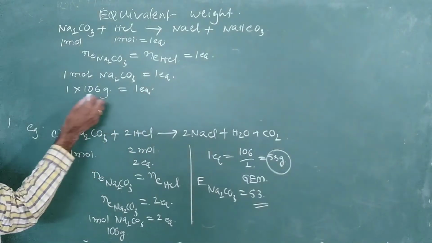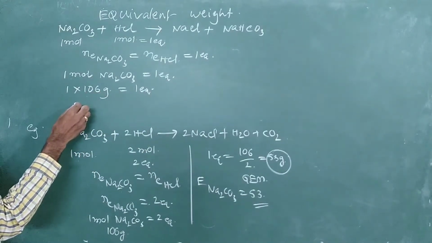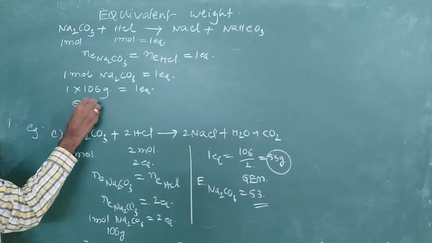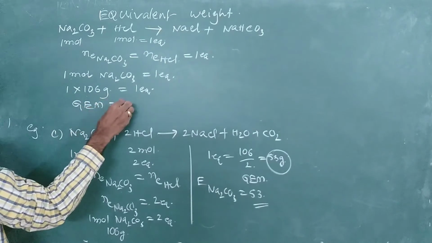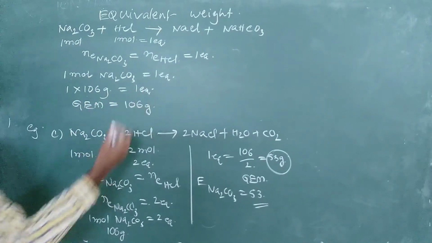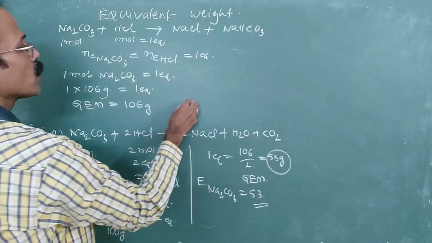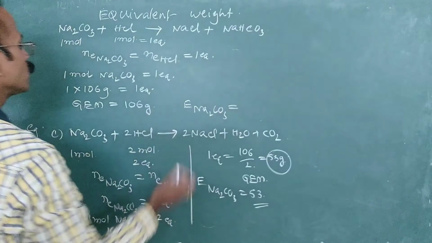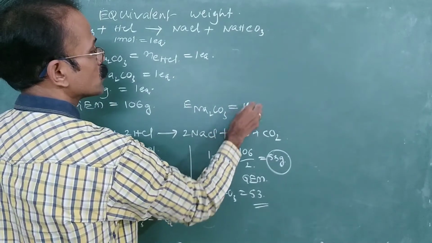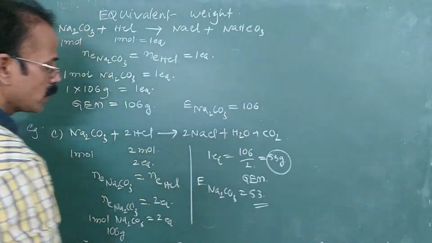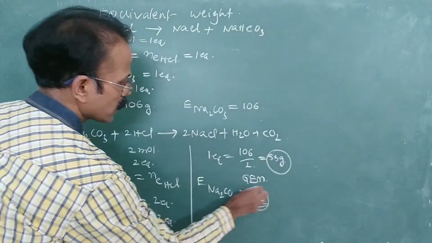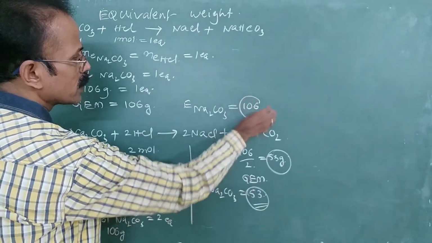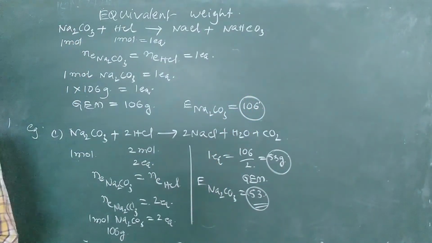So 1 equivalent is equal to 106 grams, or the gram equivalent mass of sodium carbonate is now equal to 106 gram, or the equivalent mass of sodium carbonate is now equal to 106, right? So here in the first case, the equivalent mass of sodium carbonate is equal to 53, and in the second case it is equal to 106, right?